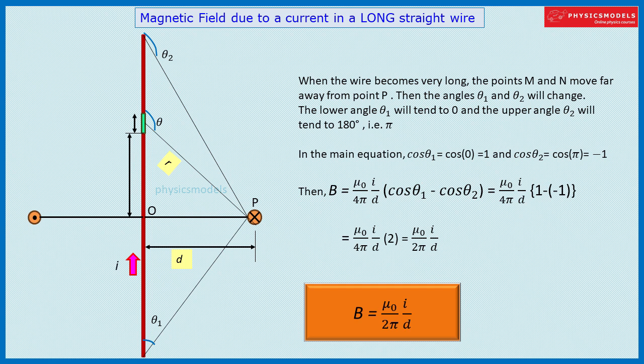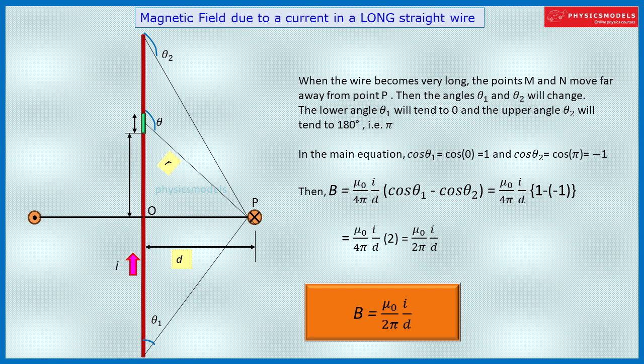So you can imagine a wire which is as long as the whole room where we are sitting. Due to that, when B is equal to mu0 by 4 pi into I by d into cos theta 1 minus cos theta 2, cos theta 1 becomes cos 0, that's 1, and cos theta 2 is cos 180 degrees, that's minus 1.